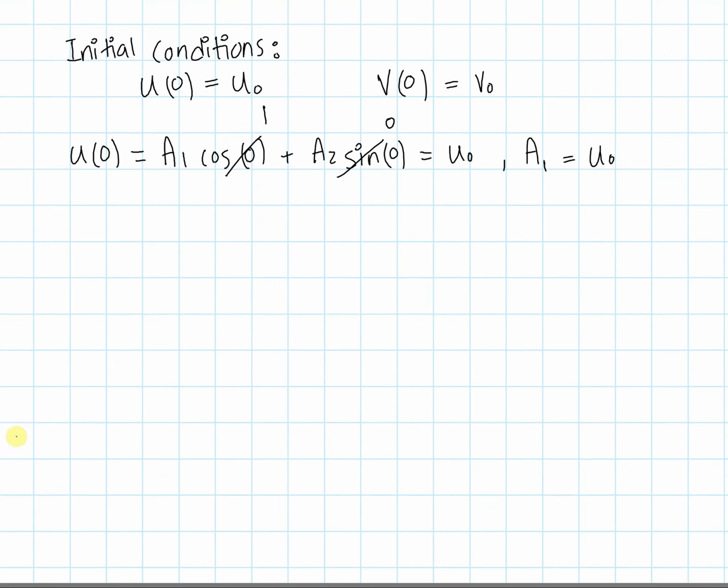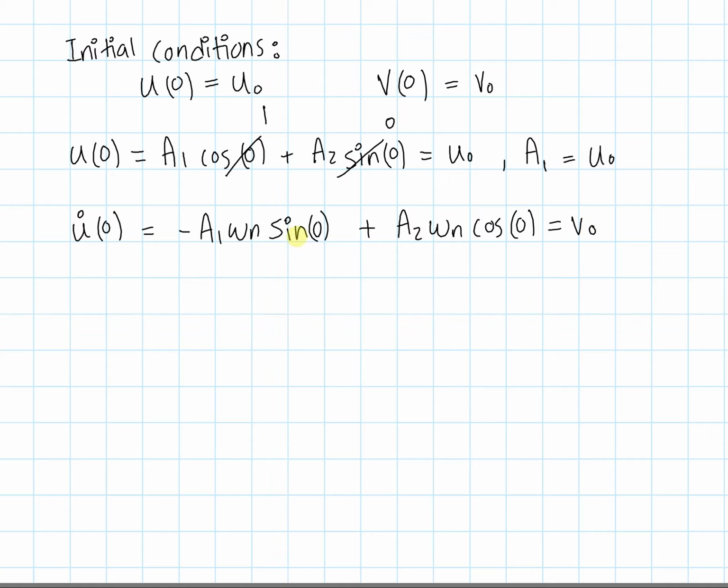I have u dot of 0 is equal to minus a1 omega n sine 0 plus a2 omega n cosine 0 is equal to v naught.